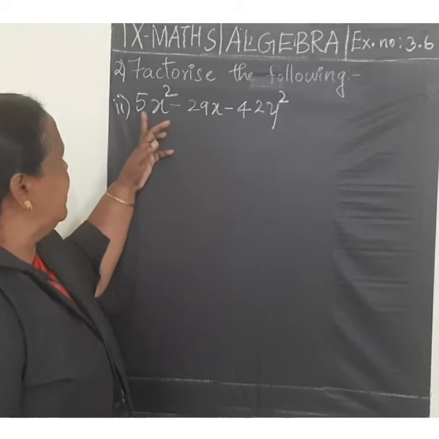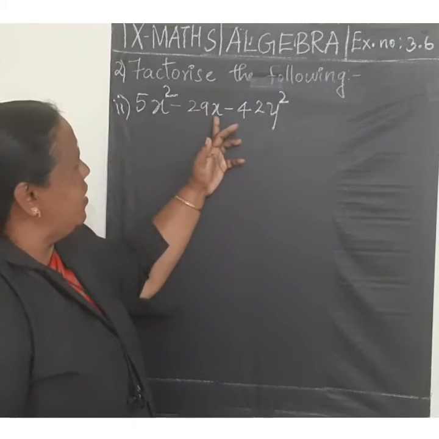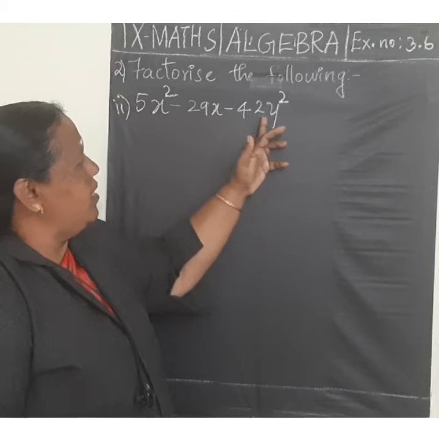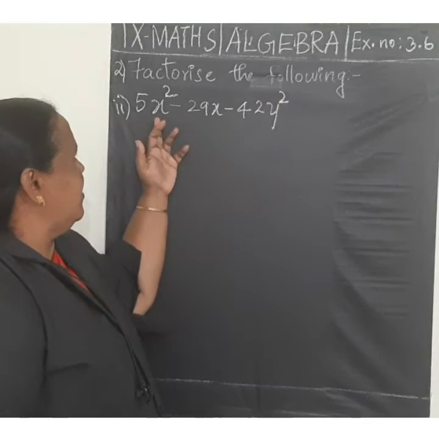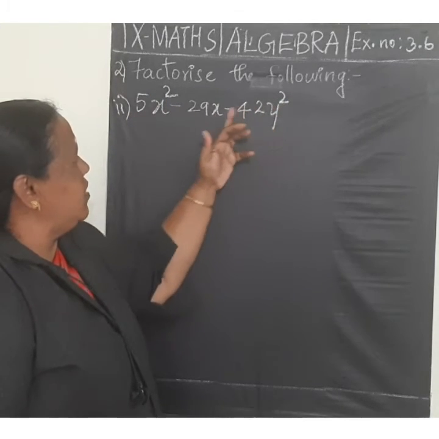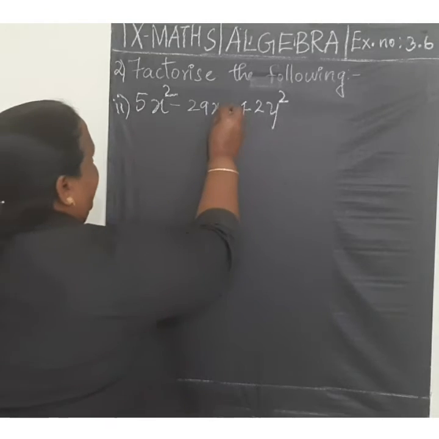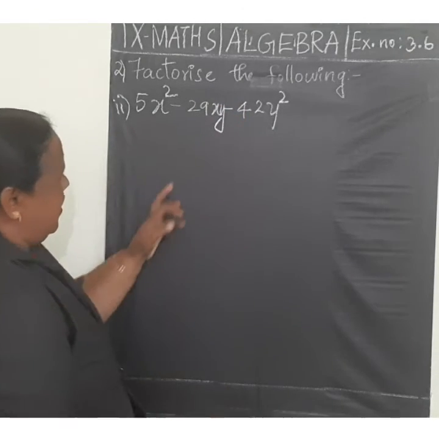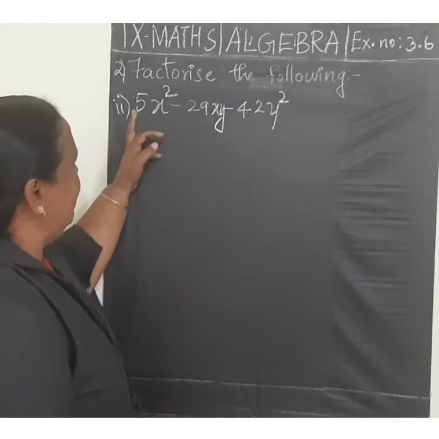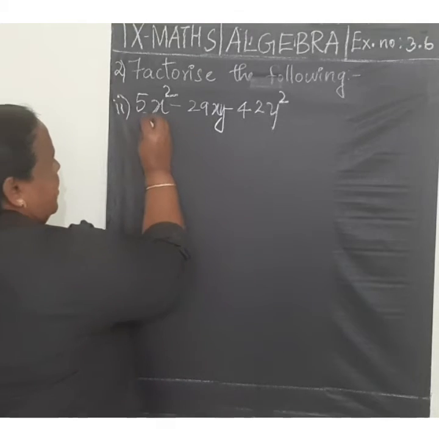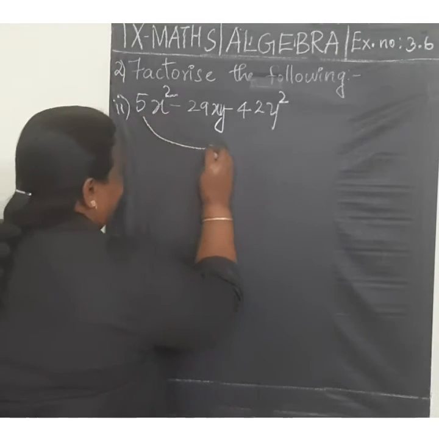Next, second subdivision: 5x squared minus 29xy minus 42y squared. Here the x squared term and the y squared term are there. Here 29xy, y is there. Now first we have to multiply the coefficient of x squared and this y squared term.